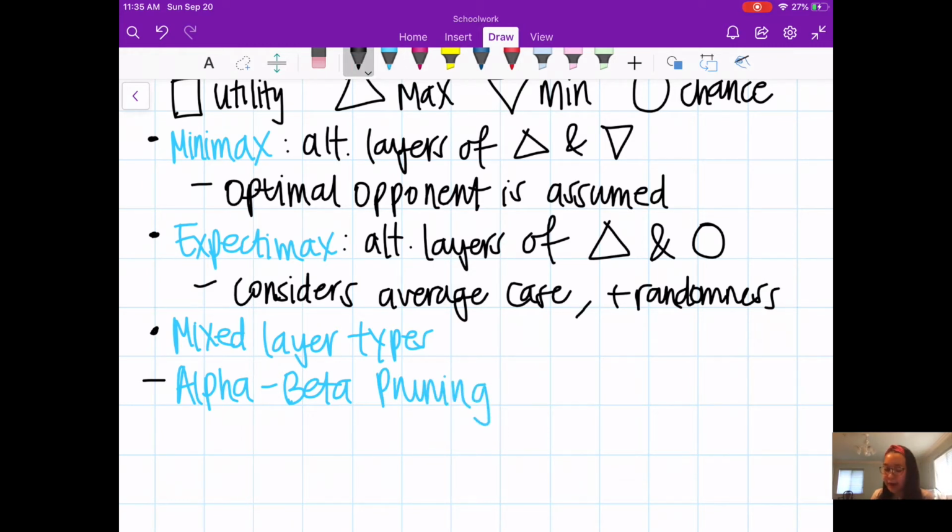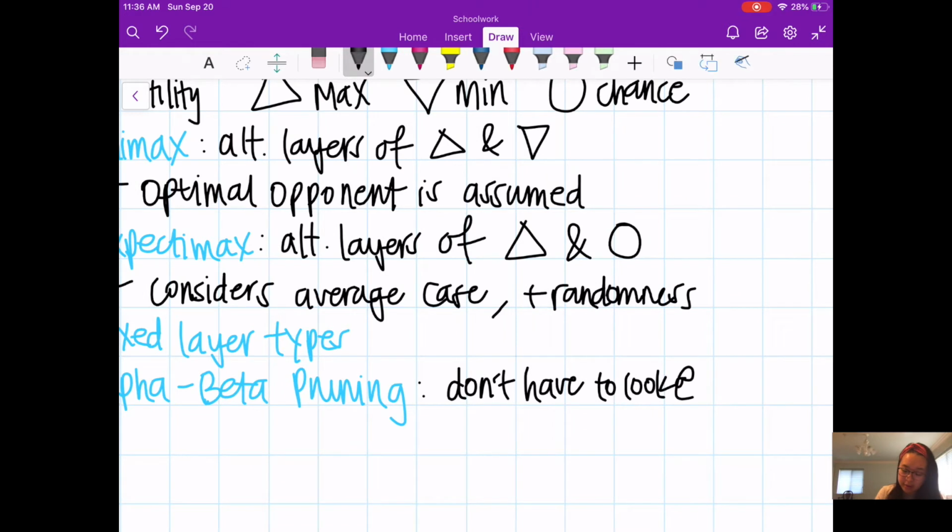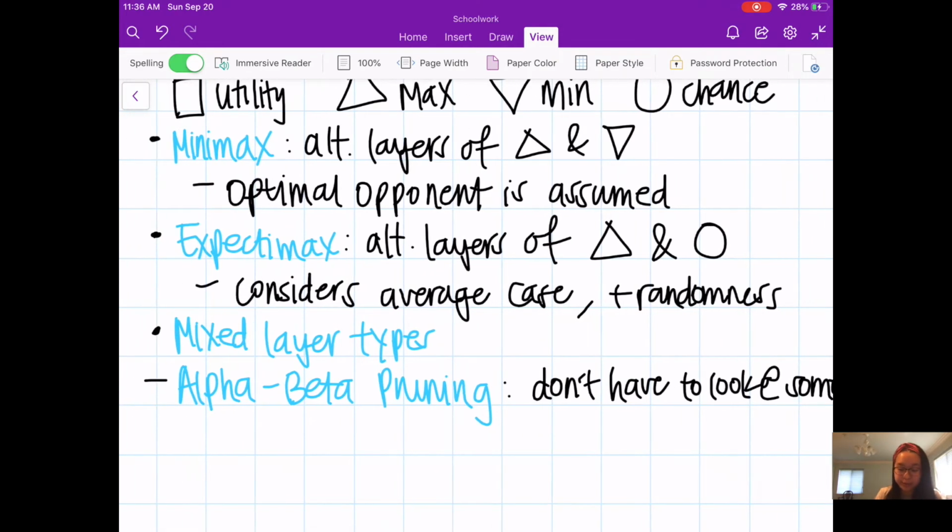With alpha beta pruning, you're looking through, and based on the values in certain nodes, you realize that you don't have to look at some nodes. So you can prune those nodes and make your solution faster, because you don't have to look at everything to determine the best solution.